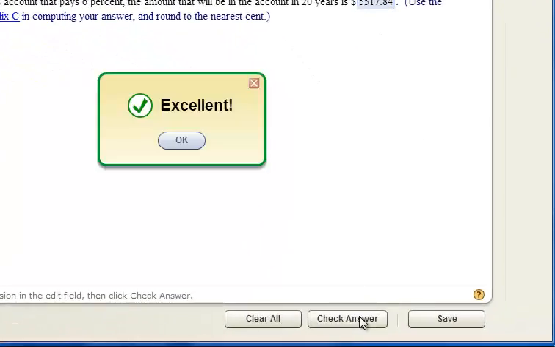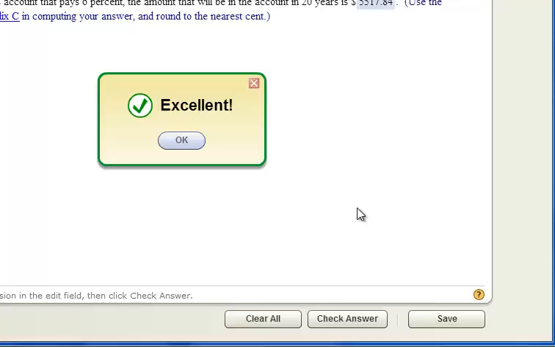And I'll check my answer. Excellent. Because the interest has been building up in this account year after year, Sandra has much more than the $3,000 she deposited in total. That account will be worth $5,517 in 20 years.